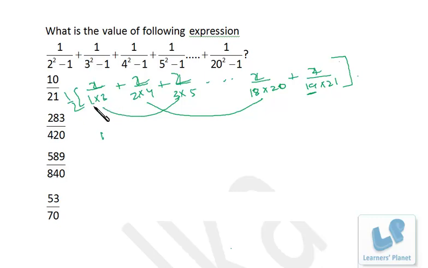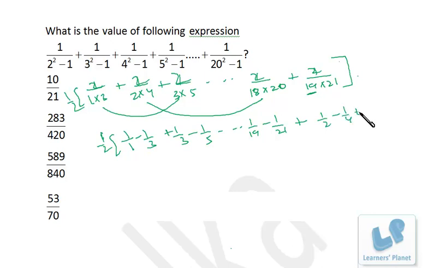After that, I can write this as 1 upon 1 minus 1 upon 3, then 1 upon 3 minus 1 upon 5, up to 1 by 19 minus 1 by 21. Similarly, the remaining sequence is 1 upon 2 minus 1 upon 4 plus 1 upon 4 minus 1 upon 6 and so on, up to 1 upon 18 minus 1 upon 20.